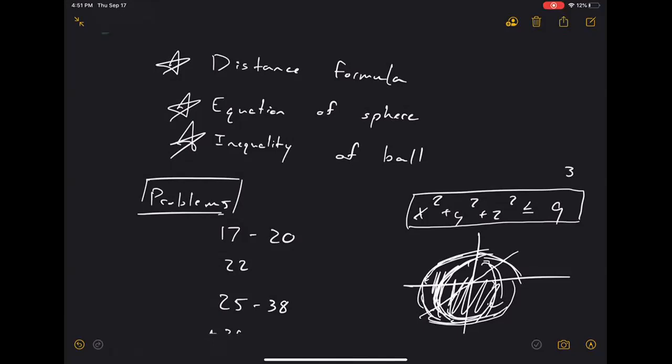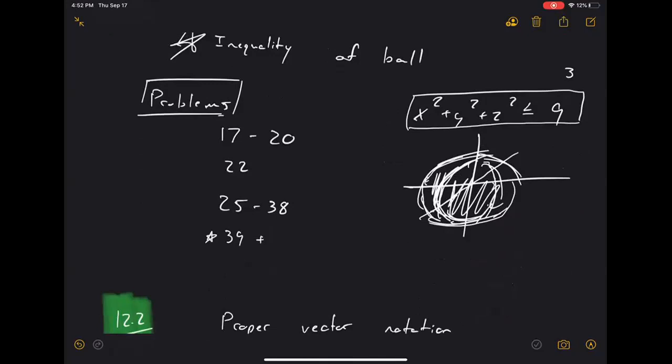So when you have it was an inequality for the poll. So when we have that inequality, what we're saying is it's all points that satisfy that inequality. So it's not just the surface of the object, it's everything, all the points inside of it, because all those points inside the ball satisfy the inequality as well.